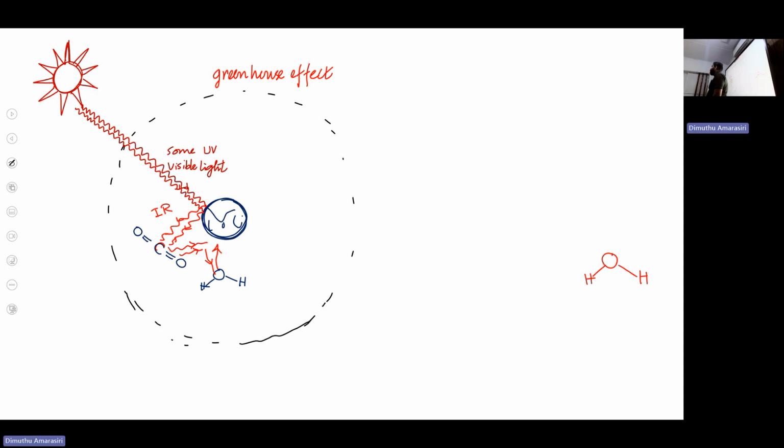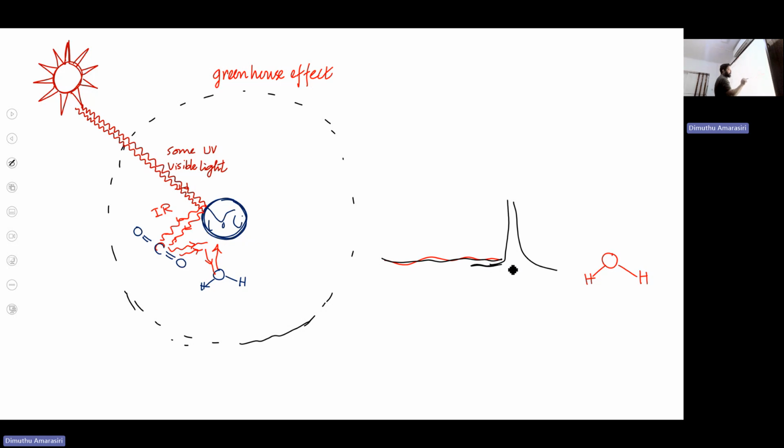Now, how does the crude oil come into this picture and cause the problem? Look, how was carbon dioxide maintained in the atmosphere by nature? In a very basic way, we have trees, right?